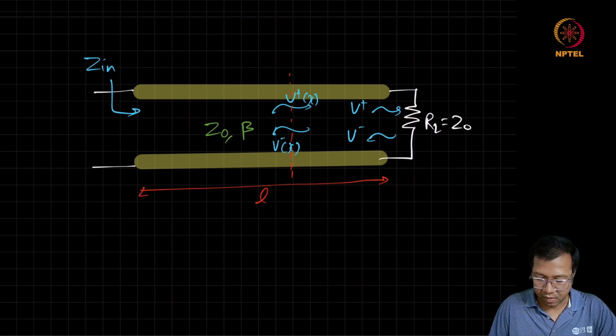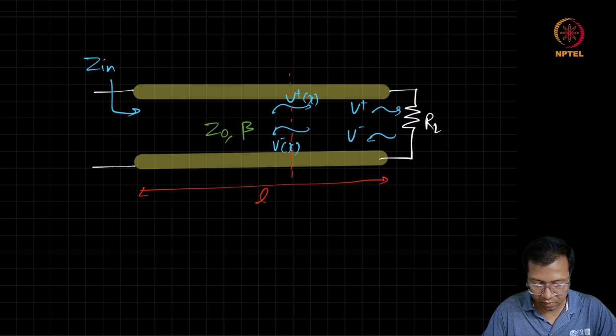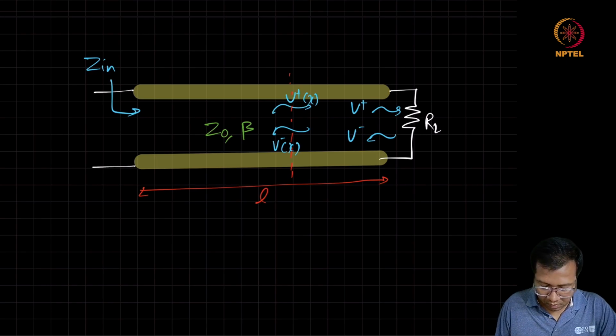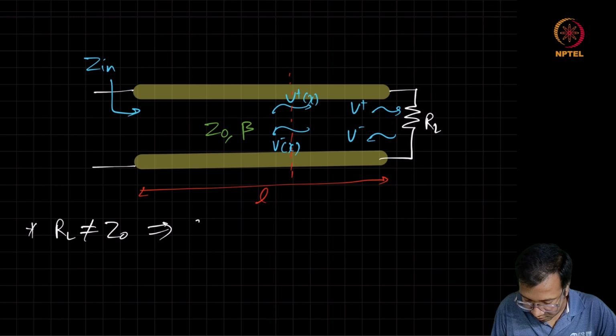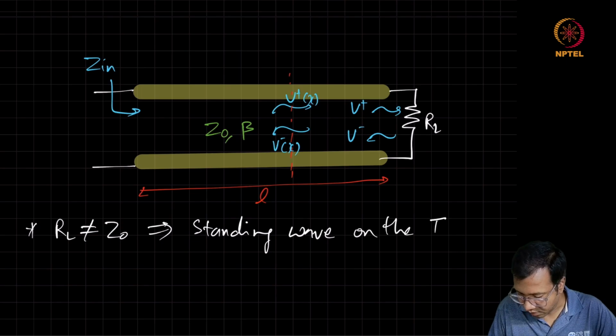Since we have two traveling waves traveling in opposite directions, it gives rise to what is called a standing wave. RL is some impedance not equal to Z naught, so when RL is not equal to Z naught, we get a standing wave on the transmission line.